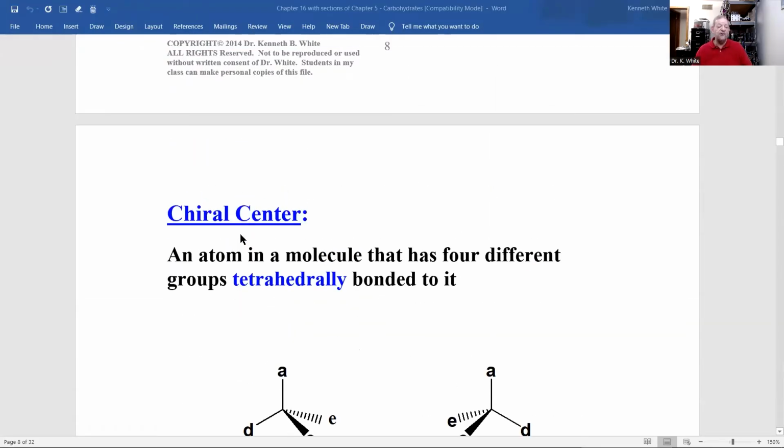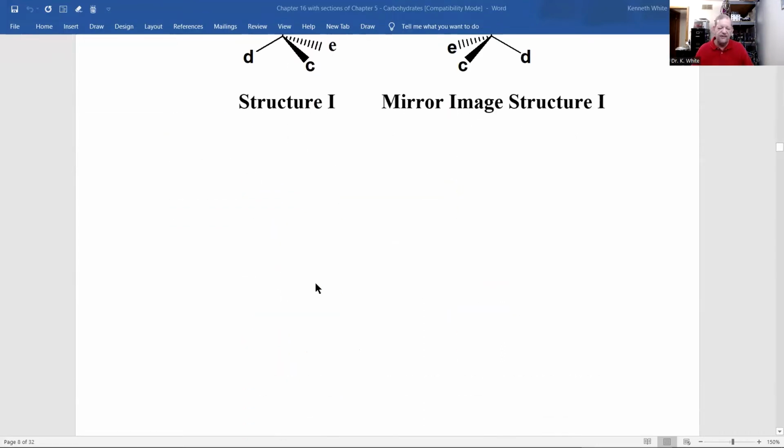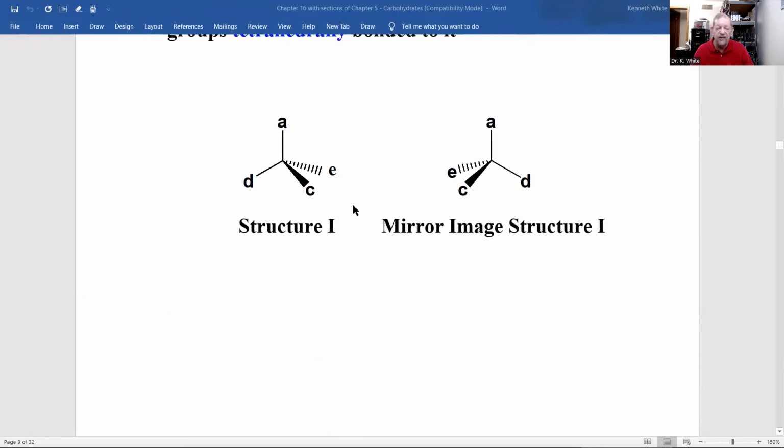Here we have a chiral center, which I'll call a chiral carbon, because we're talking about organic chemistry. It's a carbon atom in a molecule that has 4 different groups tetrahedrally bonded to it. And when carbon is not in a double or triple bond, it's tetrahedrally bonded. So let's have some fun with this.